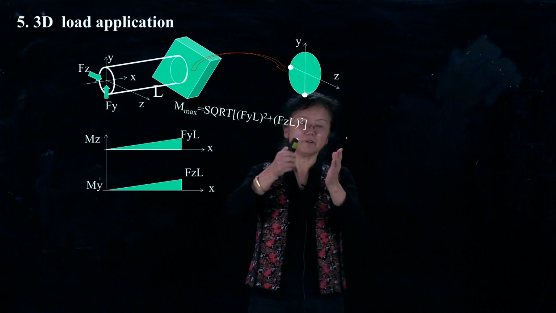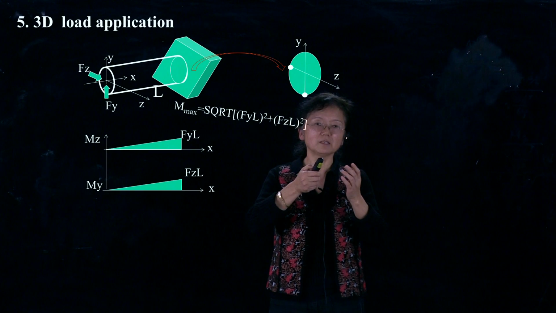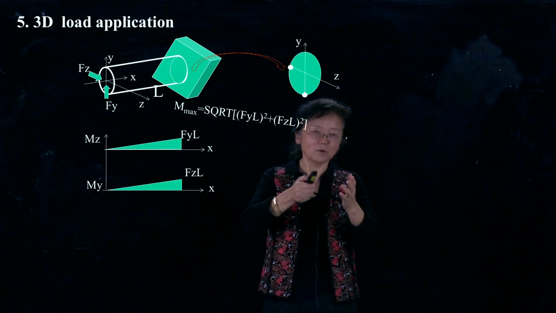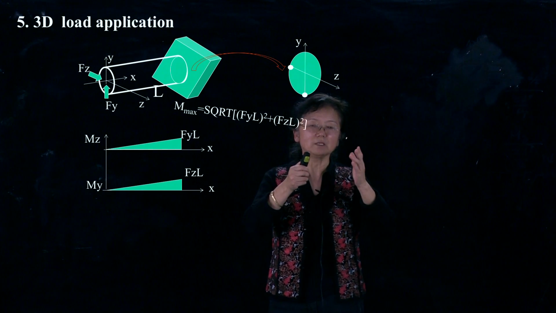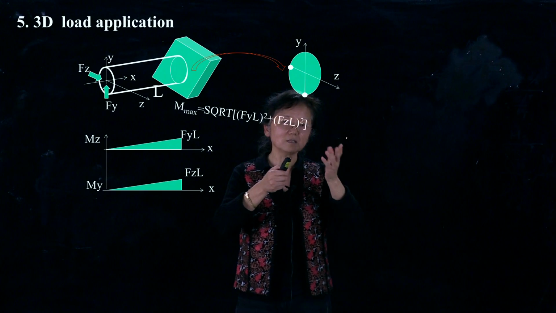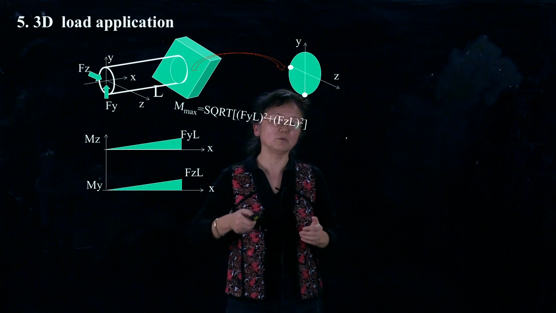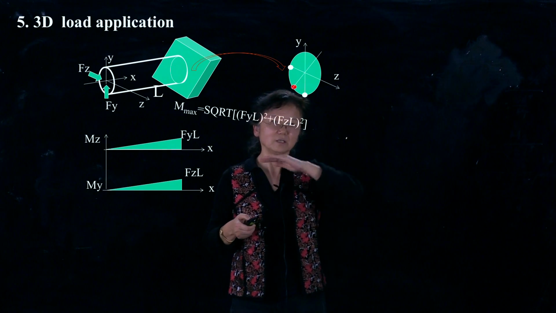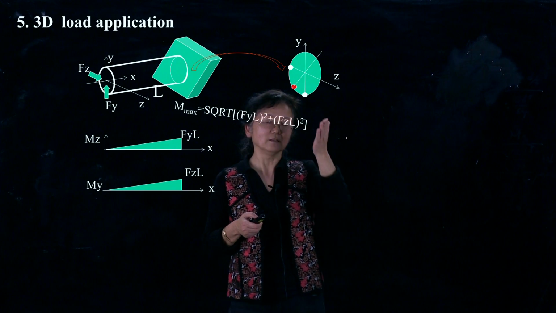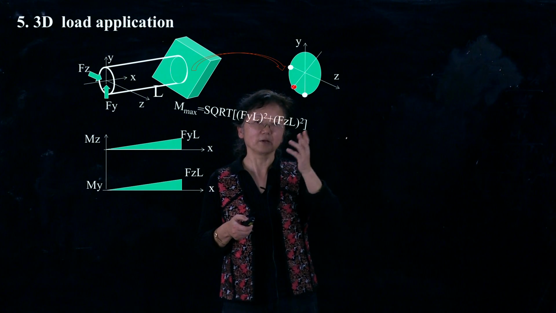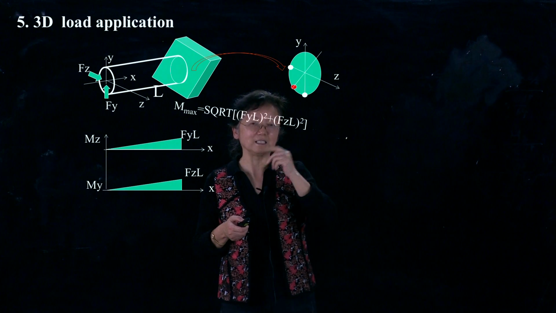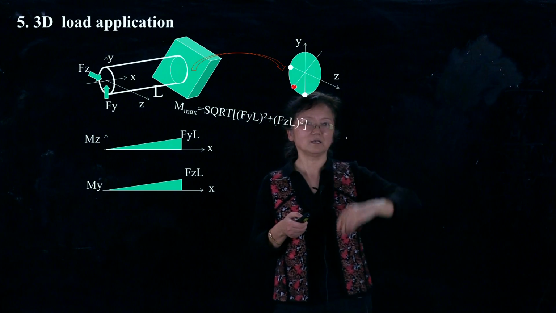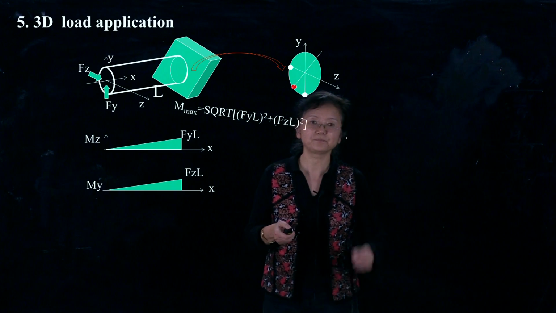Combining the effects, the most critical point, the maximum bending, has to be between these two white spots. Actually, it is along here. The red dot shows the location of the maximum bending stress in tension. Of course, the other side is in compression.